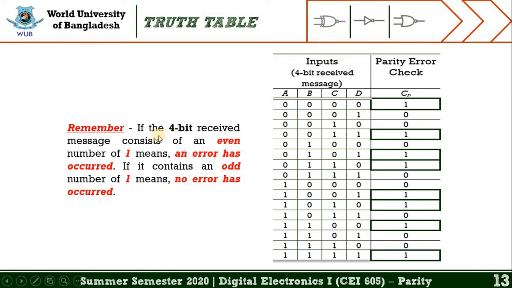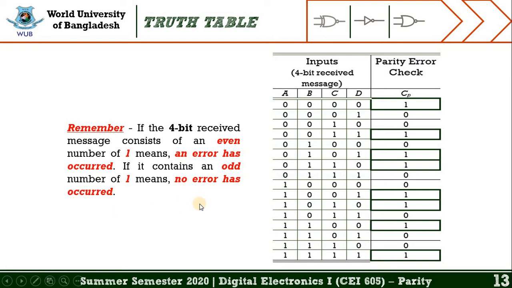the odd parity checker: if the 4-bit received message consists of an even number of 1s, it means an error has occurred. I repeat it again. If the 4-bit received message consists of an even number of 1s, it means an error has occurred, and if it contains an odd number of 1s, no error has occurred.